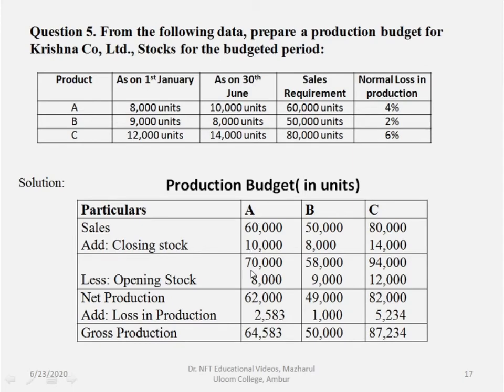If you add the closing stock, you get 70,000, 58,000 and 94,000 for A, B and C respectively. Next, you have to deduct the opening stock.